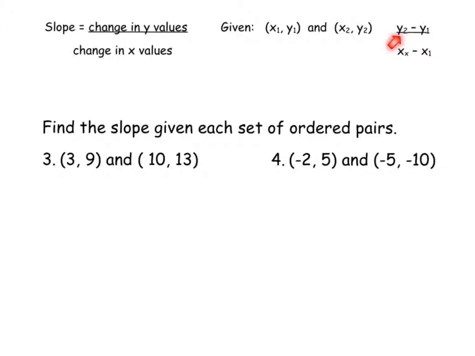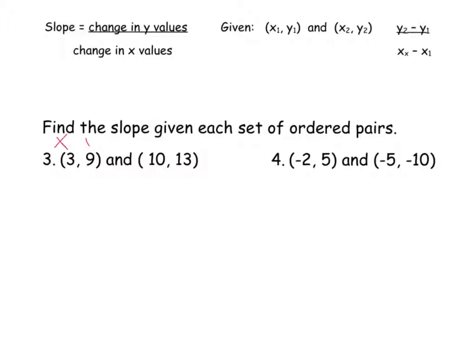It's saying you're going to subtract or find the change in your y's and the change in the x's. These little sub numbers down here, y sub 2 minus y sub 1 over x sub 2 minus x sub 1, they just tell us that this is the second y, the second x, the first y, and the first x. So if you're using the slope formula, what I suggest you do is start by naming your x's and your y's.